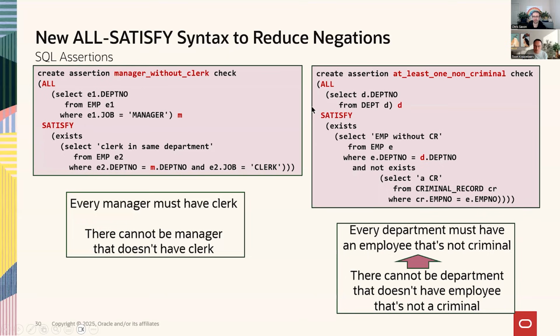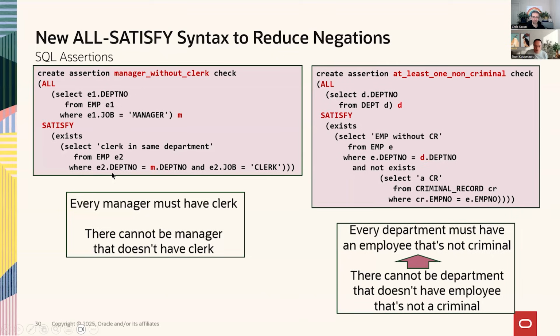I'm still going to have one not, but I reduced the number of nots from three to one. All departments must satisfy there exists an employee for which there doesn't exist a criminal record. So this syntax is more readable in certain cases where you have nested negations going on.